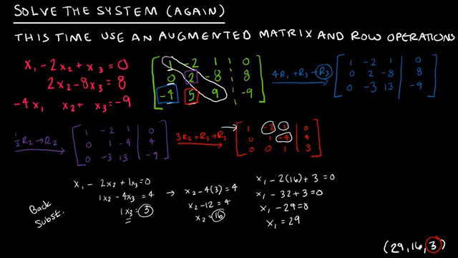But again, for the sake of this video not being 37 minutes, let's not. If I do it that way, I would end up with my 3 solutions. That's why I like it: I might as well just keep doing row operations until I've actually solved the system. But for now, we can see that we have solved the system again using an augmented matrix and row operations, and in this case, also back substitution.